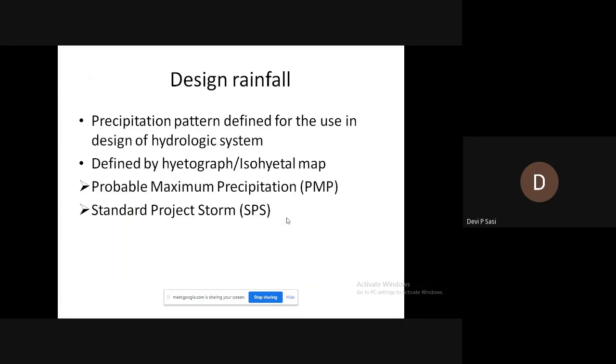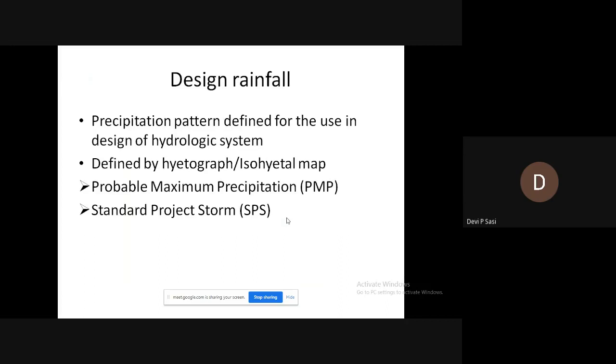Next is design rainfall, a new topic. Design rainfall is a precipitation pattern defined for use in the design of a hydrologic system. It is a precipitation pattern on which we depend for the design of a hydrologic system.